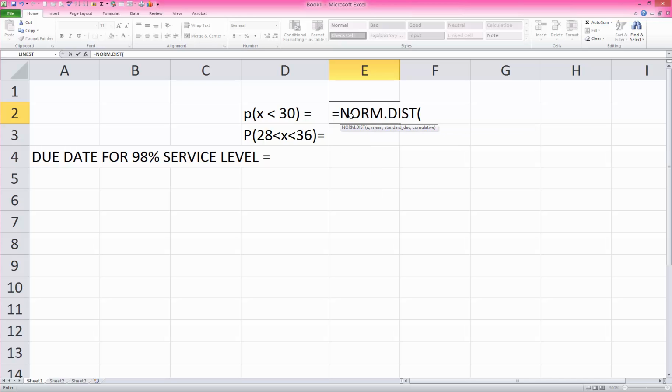It asks me what is the x value. Remember it was 30. Mean is 25, standard deviation is 2.38, and I want a cumulative distribution. So I can put either true or I can put 1. And that's the number that we computed, if you remember.